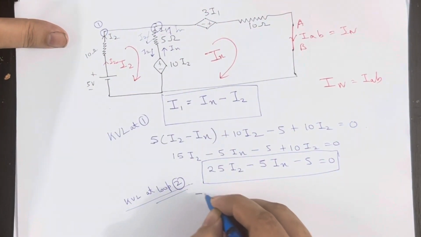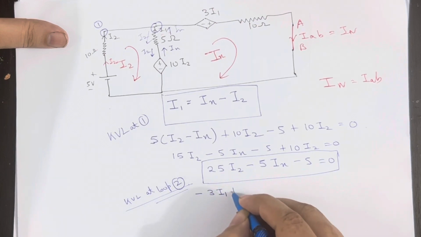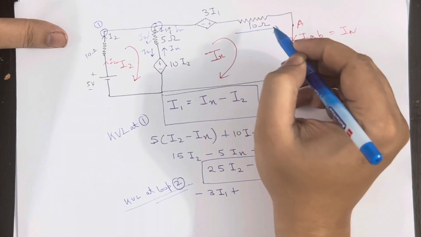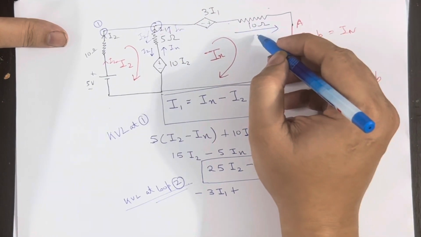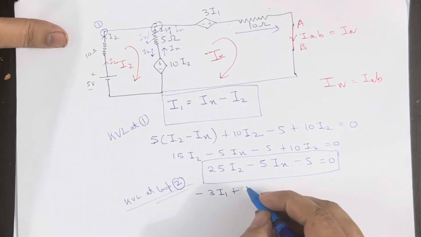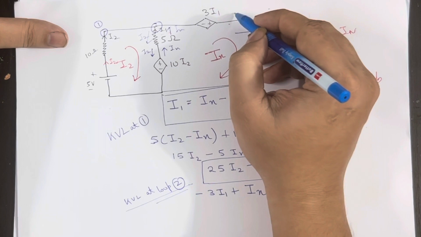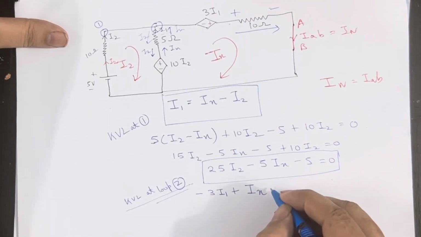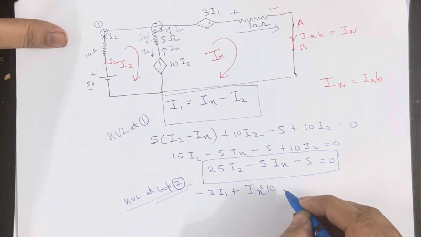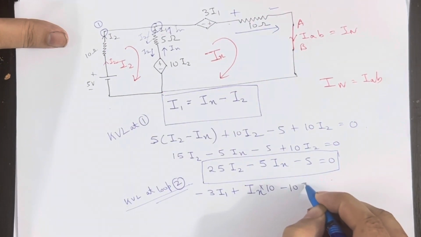Minus 3 I1, plus, for the current flowing from this to this, assuming I am going in this direction, the potential drop is positive, since only Ix is flowing, so 10 Ix. Now there is no potential drop over here. Then again minus 10 I2.